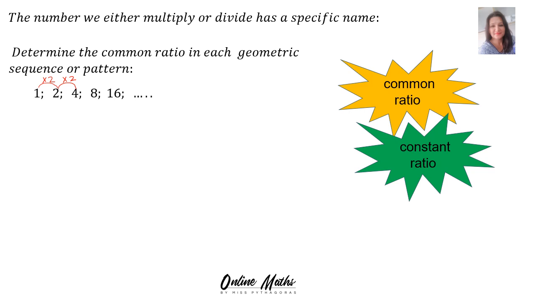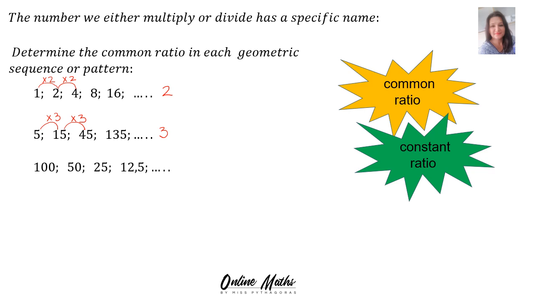So therefore, our common ratio in this one is 2. In this example, to go from 5 to 15, we multiplied by 3. To get from 15 to 45, we multiply by 3. Therefore, our common ratio is 3 because we multiplied by 3.